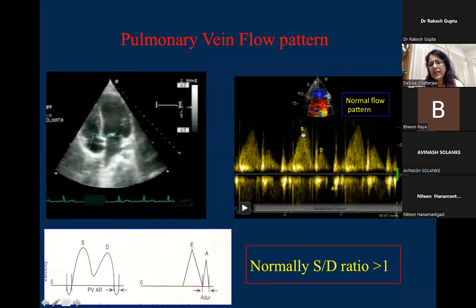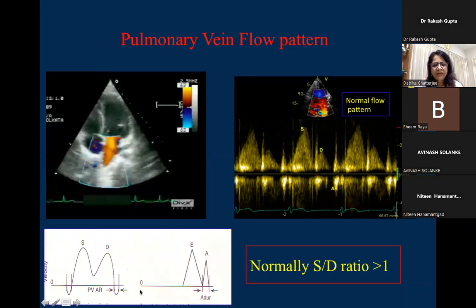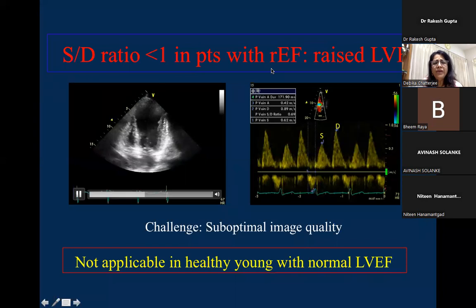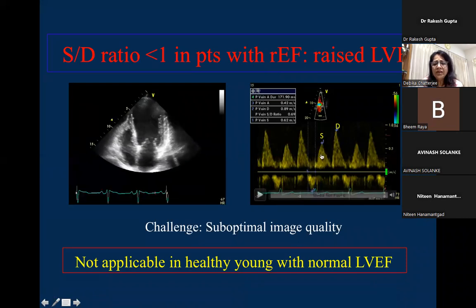Normally, you see S is more than D, but in a patient having low ejection fraction, as in this case of a myocardial infarction in the LAD territory, look, S wave is less than the diastolic wave. So this indicates that the patient's LV filling pressure is raised.